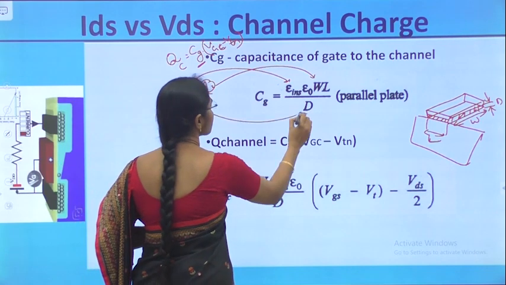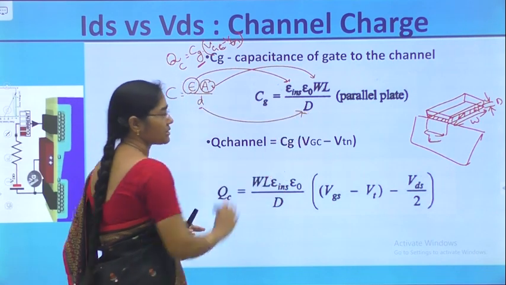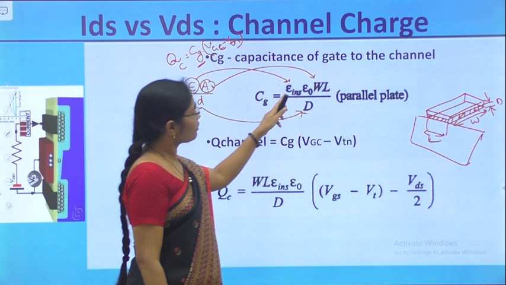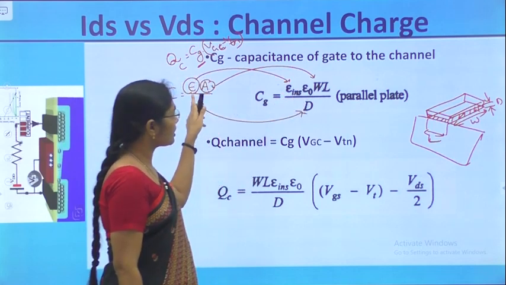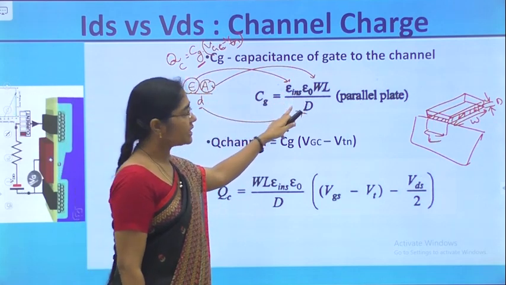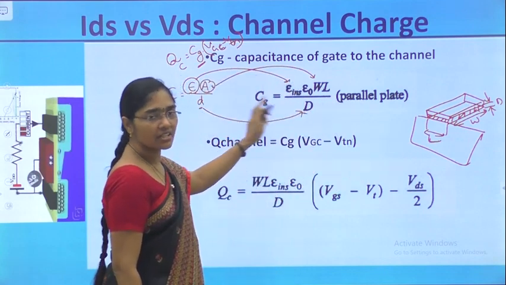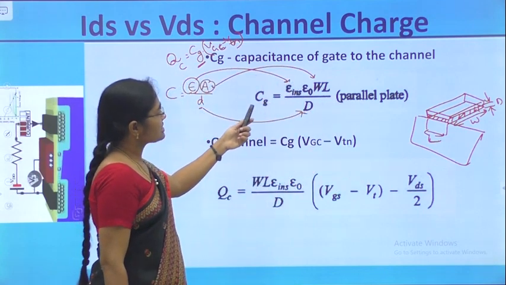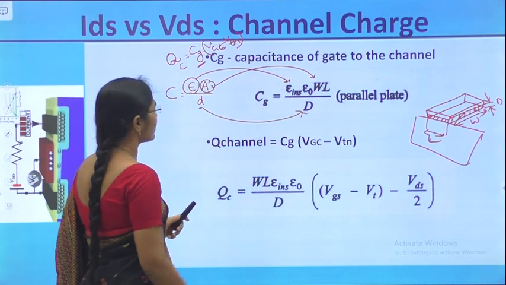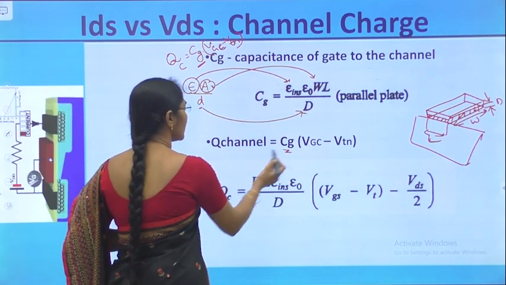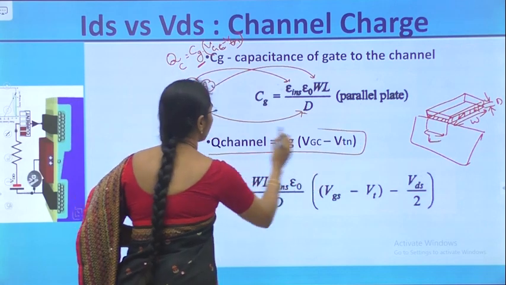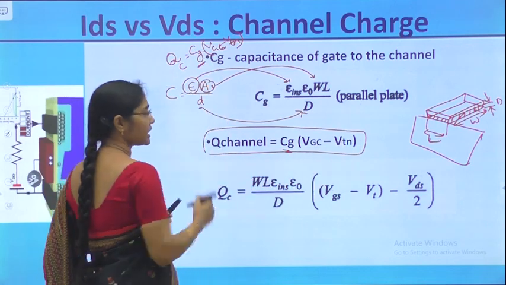So D is this capital D. Taking the formula of parallel plate capacitance and writing the equivalent for our nMOS transistor, it is equal to the gate capacitance. So gate capacitance Cg is equal to this. Now we substitute that Cg value in the Q channel formula that we wrote earlier.